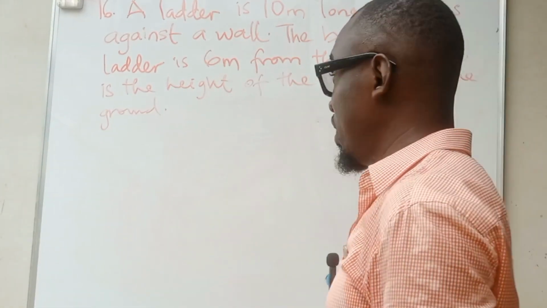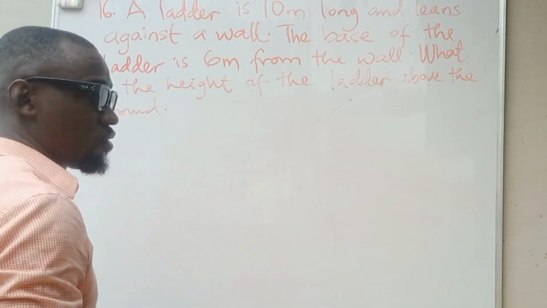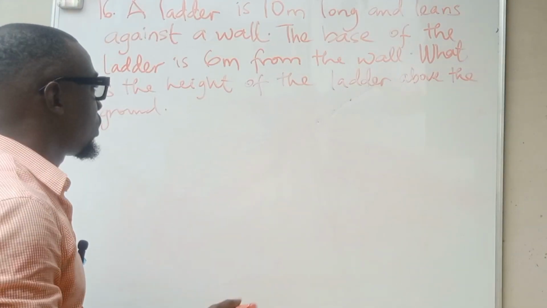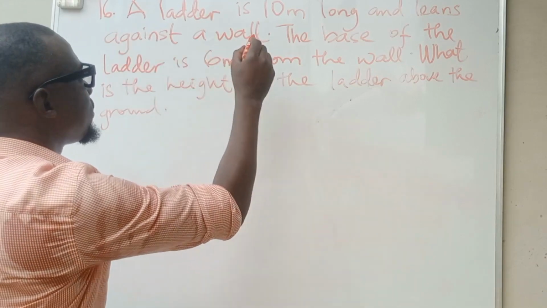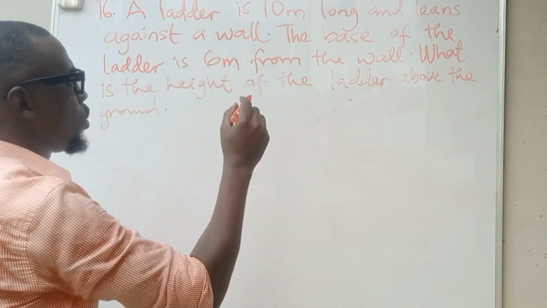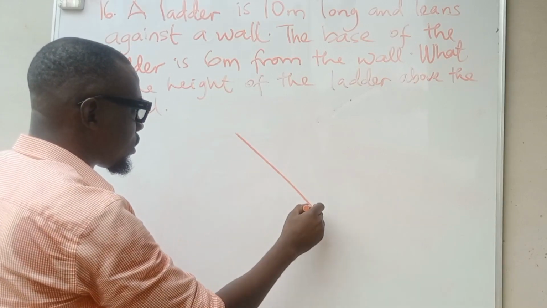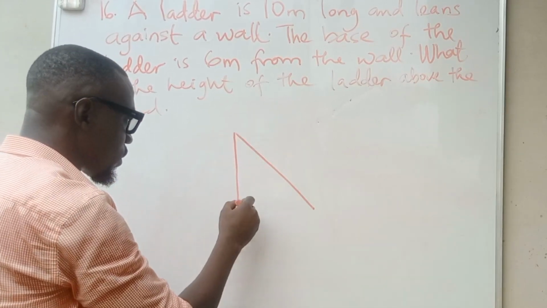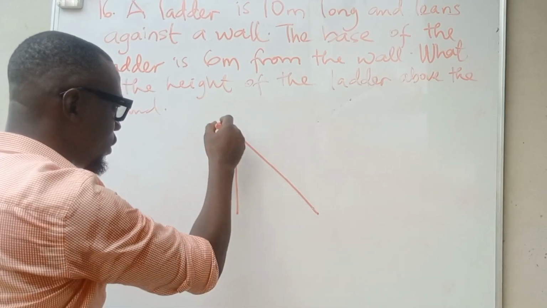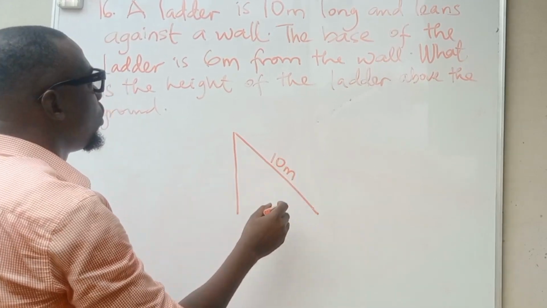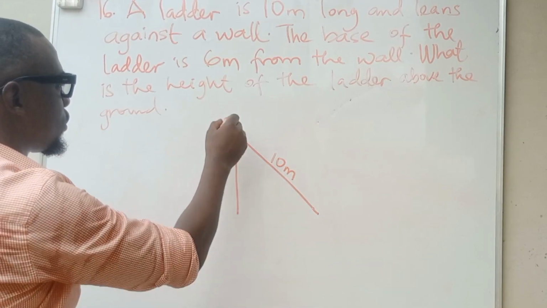We have to present this question graphically for us to be able to solve it successfully. So, a ladder is 10-meter long and leans on, this is the wall, and a ladder is leaning on it.